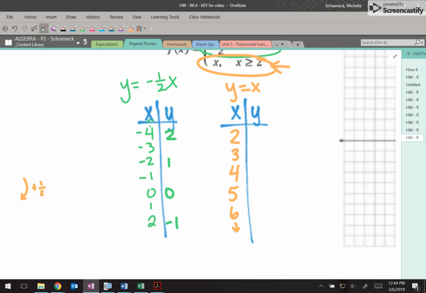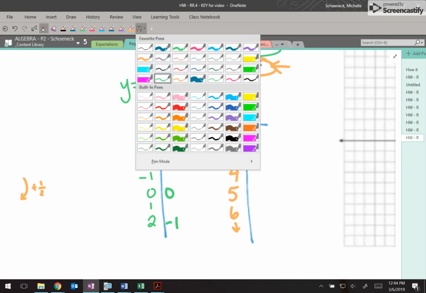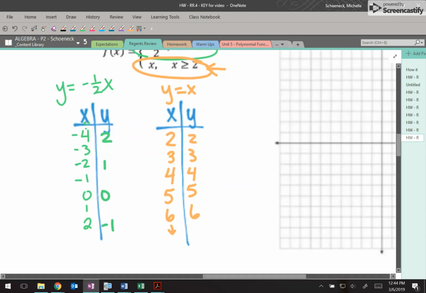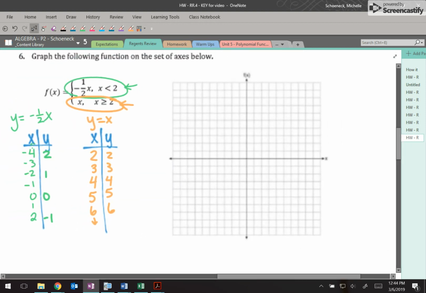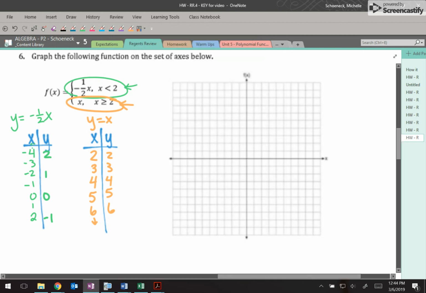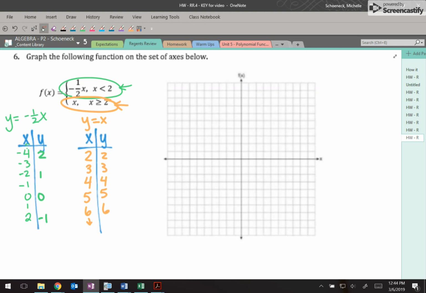Up next, we have to graph y equals x. When y equals x, that just gives us the same value back. Now I'm going to graph this quickly because you guys are about to come in. So we've got an open circle here because just less than is an open circle.